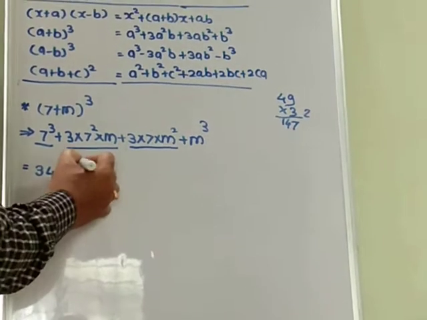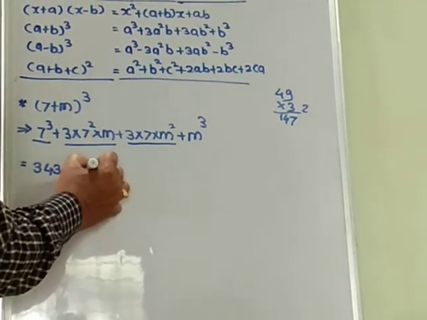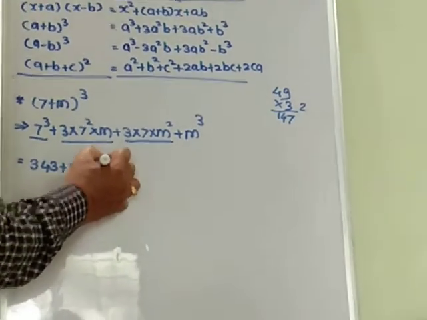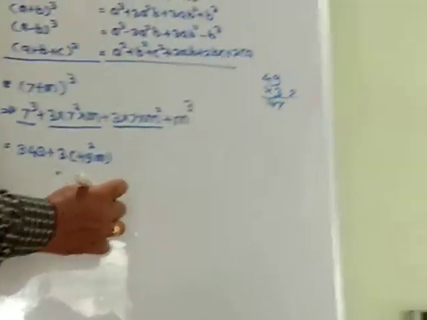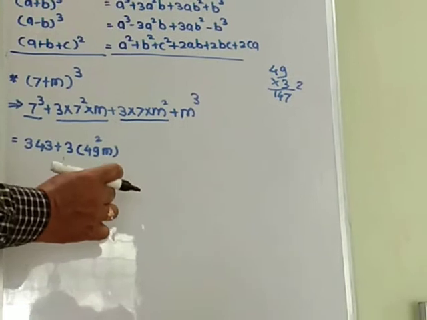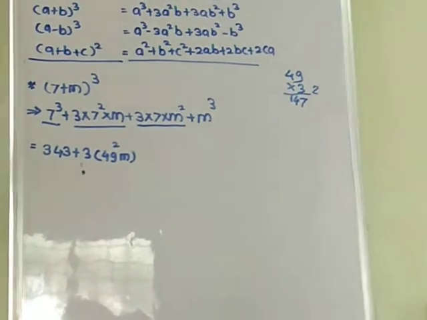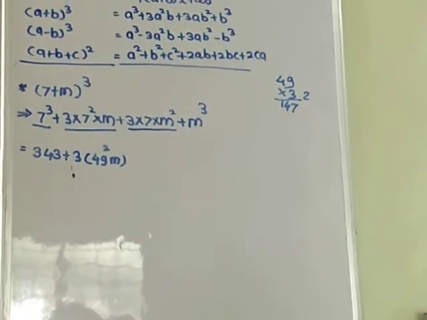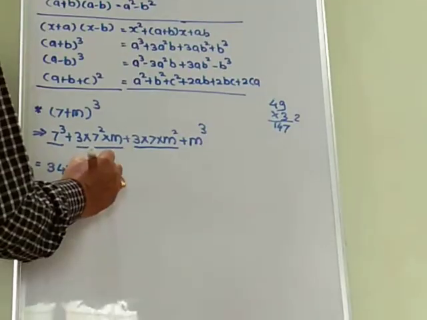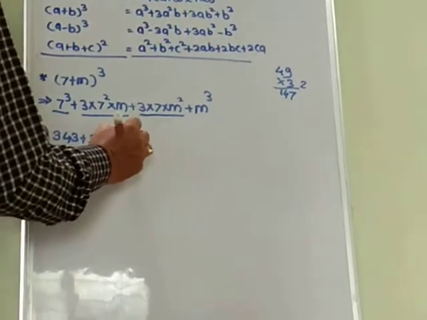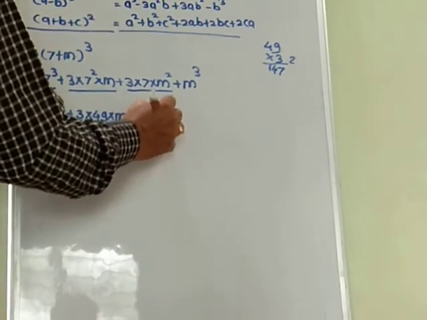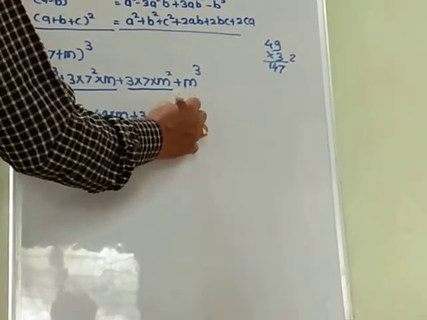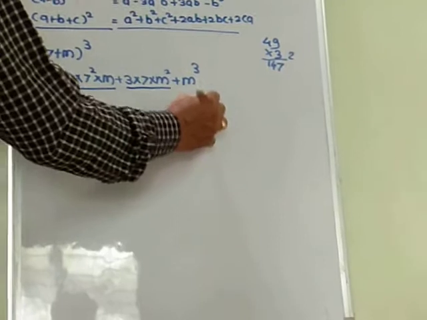But we write here 3 into 49 into m, plus 3 into 7 into m square, plus m cube.